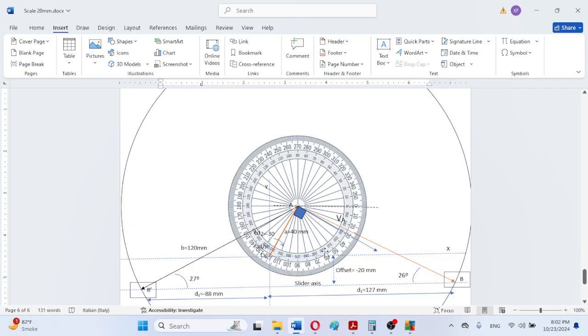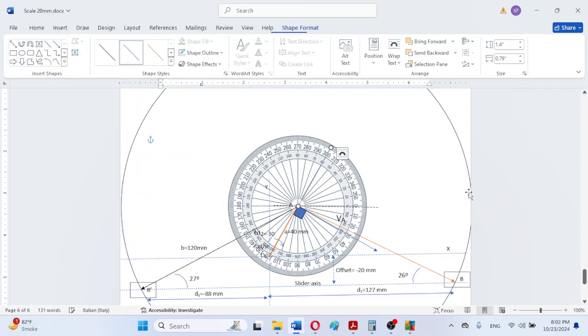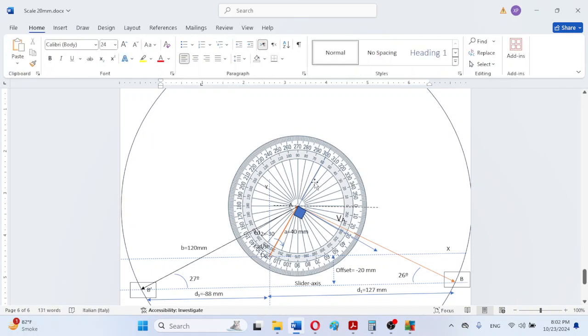So this is confirmed, because the angle of the crank with the horizontal is 60 degrees, and this angle graphically is 29 degrees. Analytically, if we proceed with this vector in the same orientation of 60 degrees, we observe that this angle is 60 degrees.